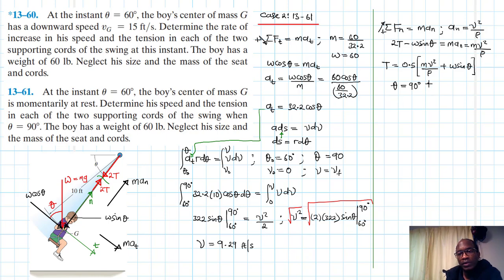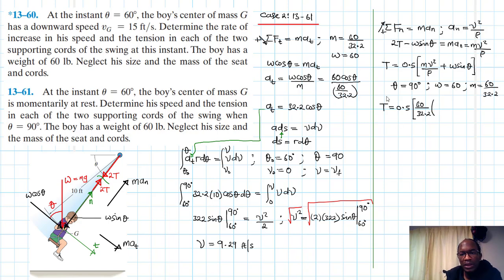So let's plug in everything. We have w, we already know what it is, 60, and we have m, which is just 60 divided by 32.2, that's the weight divided by the acceleration due to gravity in feet per second squared. So T is just equal to 0.5, and we have 60 divided by 32.2. Alright, we have v.